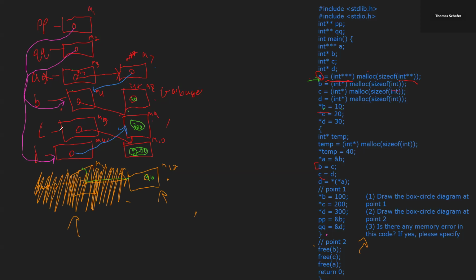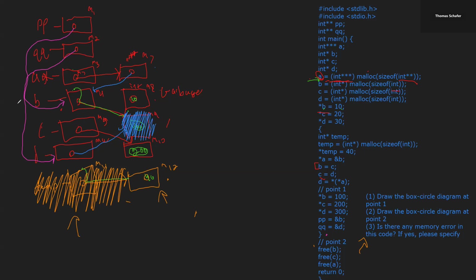And now we are looking at free B. And what free does is it goes similar to dereference, goes inside the circle, follow the arrow, and kill whatever is here.